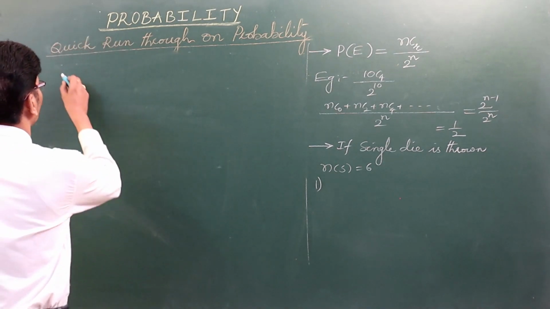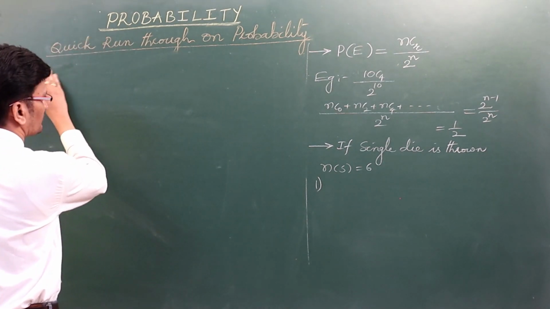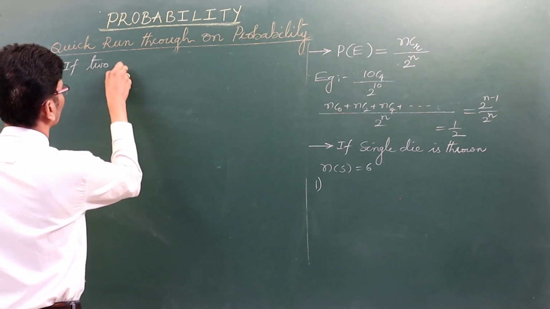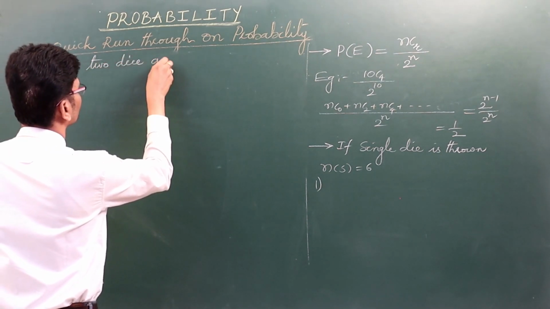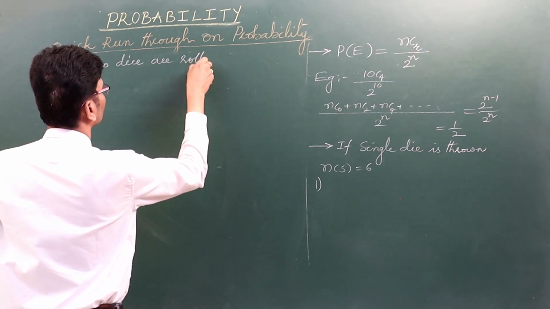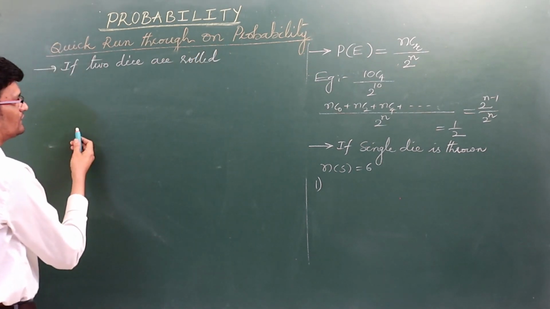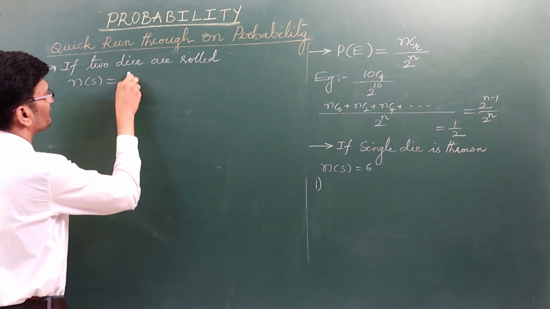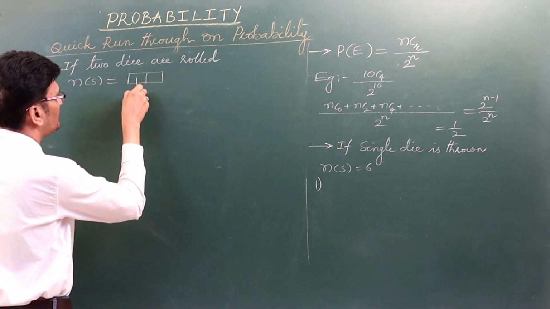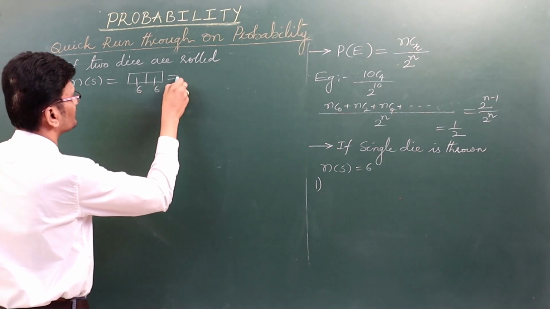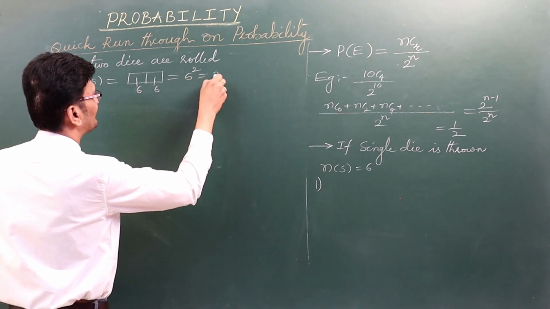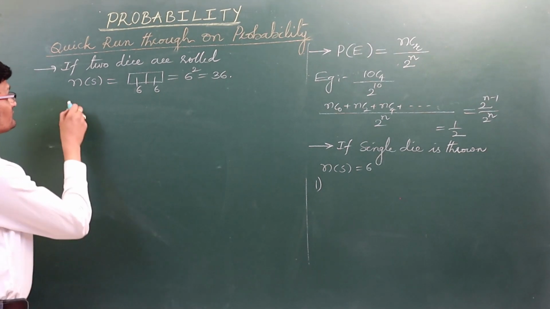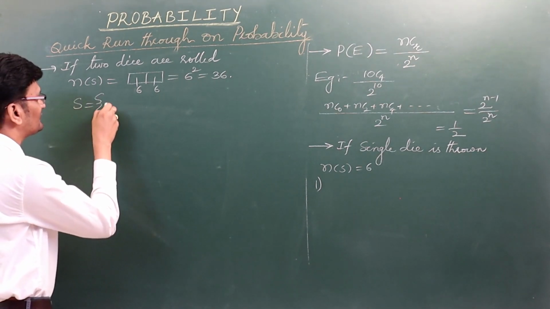How many possibilities will you get when 2 dice are rolled? n(S) is equal to... Upward faces are 2. Each face will have 6 chances. 6 square, 36. n(S) is equal to 36. Sir, in what way will you get 36?